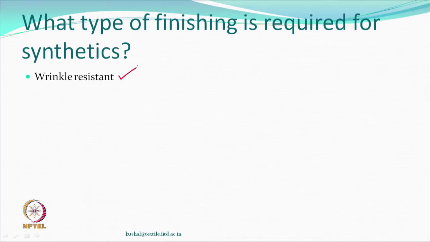But you would want the wrinkle resistance to be good, that is true, but you will be surprised that if you do not give a special treatment to this, then we may not get the same type of wrinkle resistance as you expect. So, actually what we require, we will see.